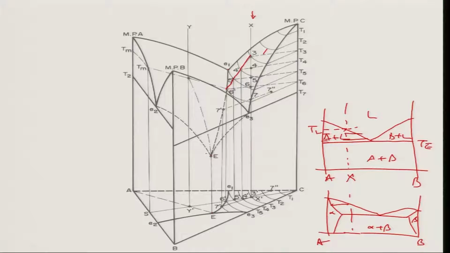So, before that ternary eutectic reaction happens, crystallization of both C and A should happen. Now remember, as the eutectic composition is more rich in B.